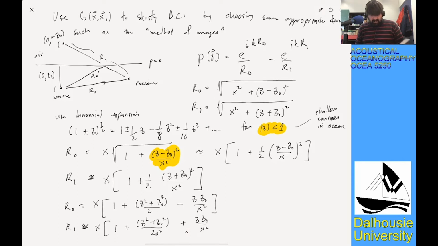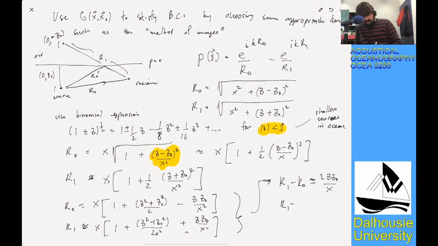Okay, and so that's the big difference here, right? You can see that the first two terms are the same, and the cross term is different. So that tells us that R1 minus R0 is about equal to 2 z z0 over x, and R1 plus R0 is about equal to 2x. Okay.